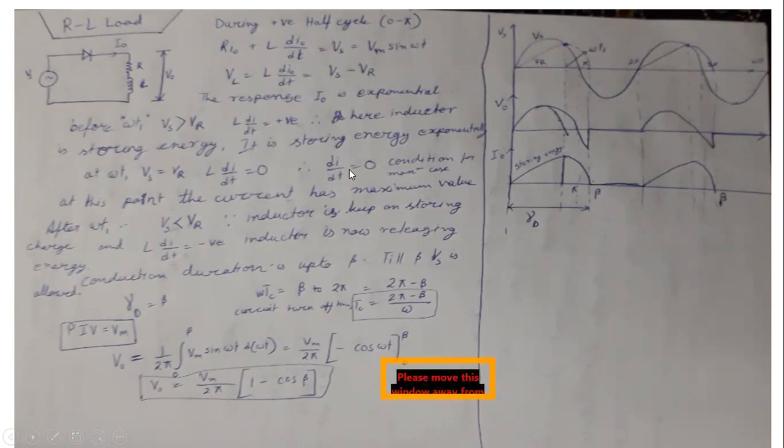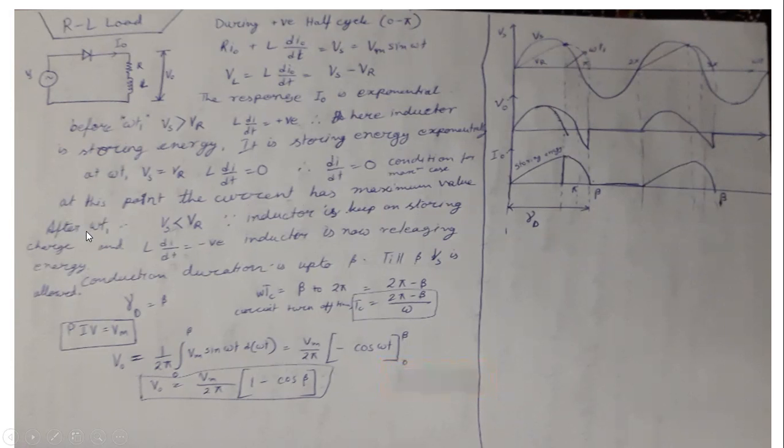So this is the condition for the maximum case. At that point, that is at point omega t1, we are getting the maximum output voltage. At this point the current has maximum value.